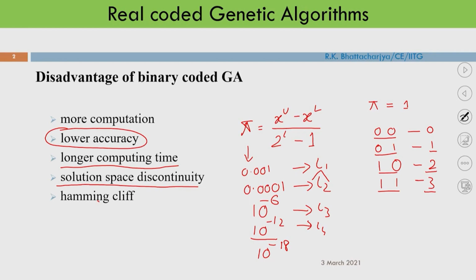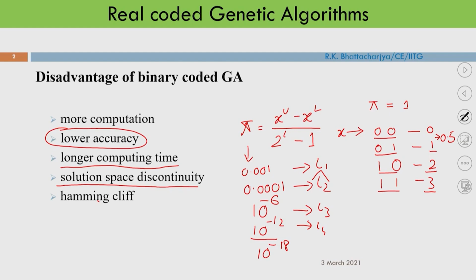Suppose x is a variable and I have converted it to a binary 2-bit string. Then the possible values are 0, 1, 2, 3. So with these 2 bits, if the optimal value of x is suppose 0.05, I will not get this particular value. Either I will get 0 or I will get 1.